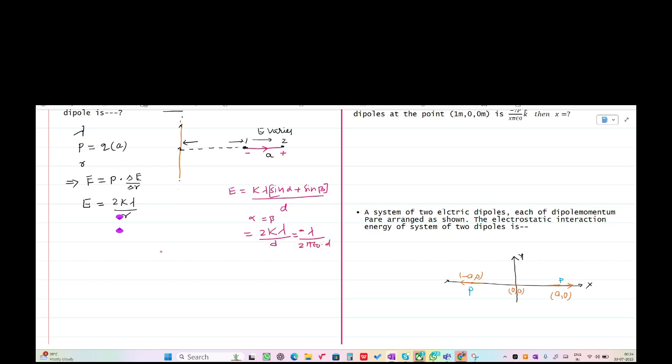So this we already know. Now I am differentiating this one, dE by dr.